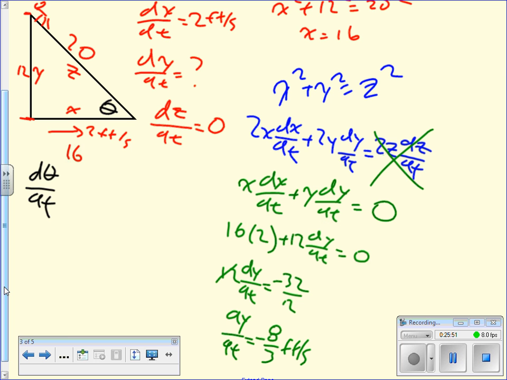Yeah, trig functions. Now, it's really cool because z is a constant. Z does not change. So if I can find a trig function that relates x and z and theta, that's what I want to use.